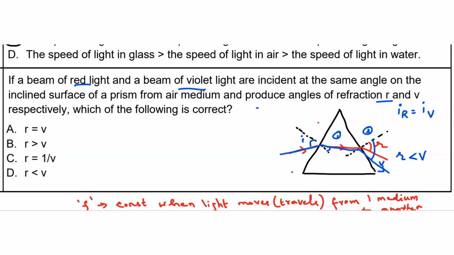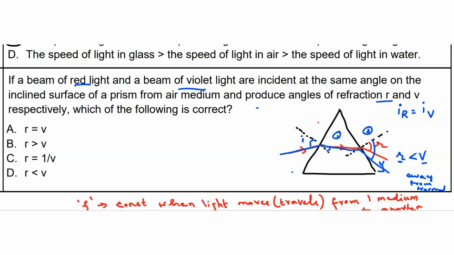But in the case of glass to air refraction, the refraction will be away from the normal. Okay, this you know. When light travels from denser to rarer and rarer to denser, its bending changes. So here in this case, let us see how the angle of refraction for the red color and violet color are related. That is what we need to find.